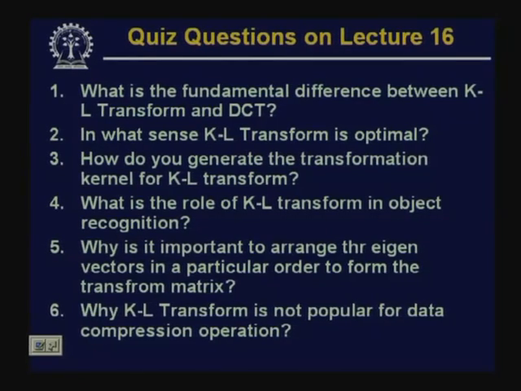Fourth question, what is the role of KL transform in object recognition? Fifth one, why is it important to arrange the eigenvectors in a particular order to form the transform matrix? And the last question, why is KL transform not popular for data compression operation?